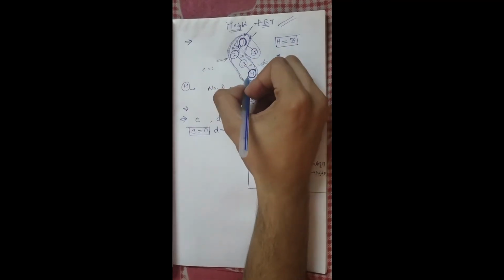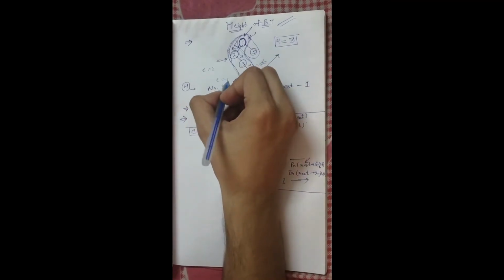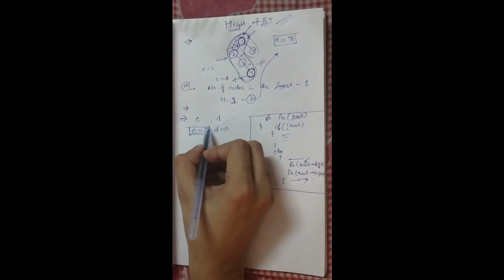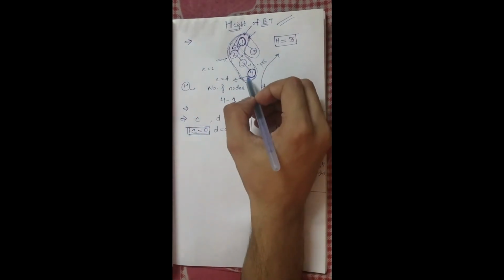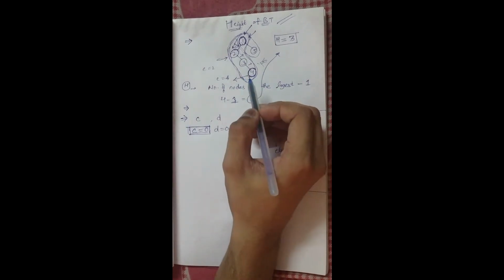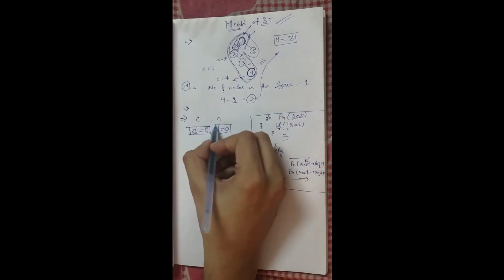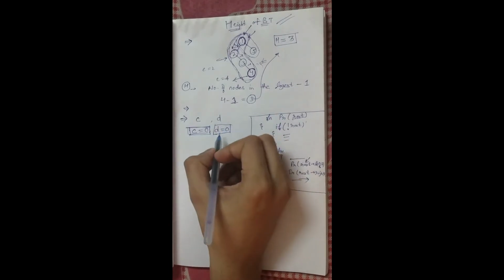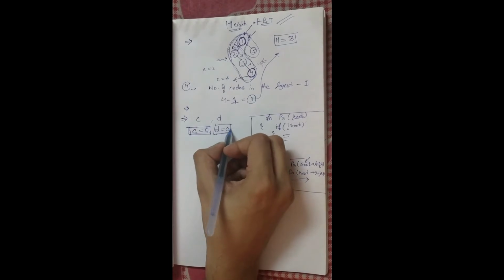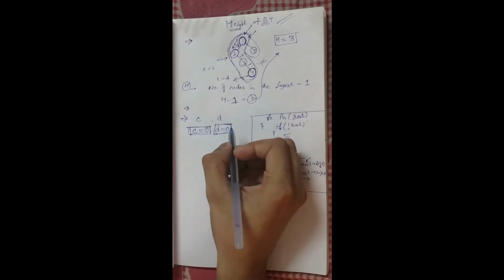If I am working on this node, then C would be 4 because 1 2 3 4, there are 4 nodes. So C is the count of the number of nodes from the root till the node on which I am working, and D is the maximum number of nodes. D contains the maximum number of nodes in a branch I have visited till now.